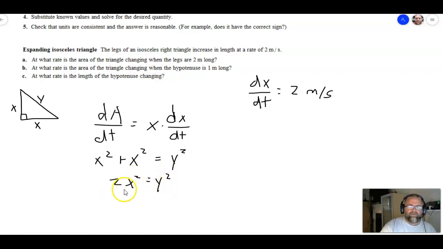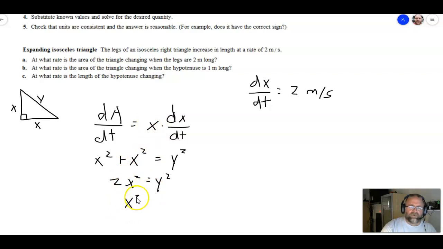Now, if I take the derivative at this point, I'm also going to get a dy over dt here, and that is pretty much what I'm looking for, right? However, what I really want to do is solve this for x and just plug it in here. If I just solve this for x and plug it in here, let's see what happens.